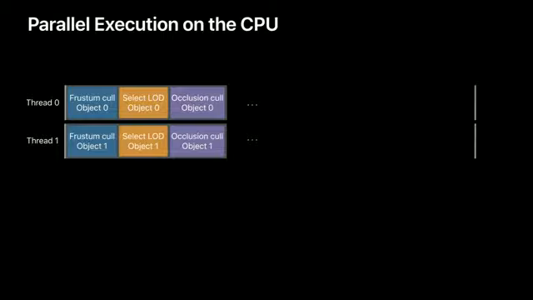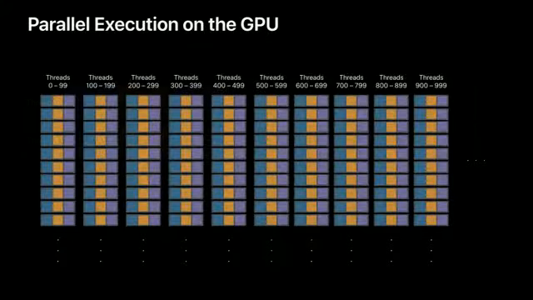But all these operations are highly parallelizable. So if you have more threads, you can pretty much process all the objects in your scene in parallel. But typically, there are thousands of objects in a scene, and so to parallelize all of them, you need thousands of threads. So the perfect choice for these operations is the GPU.